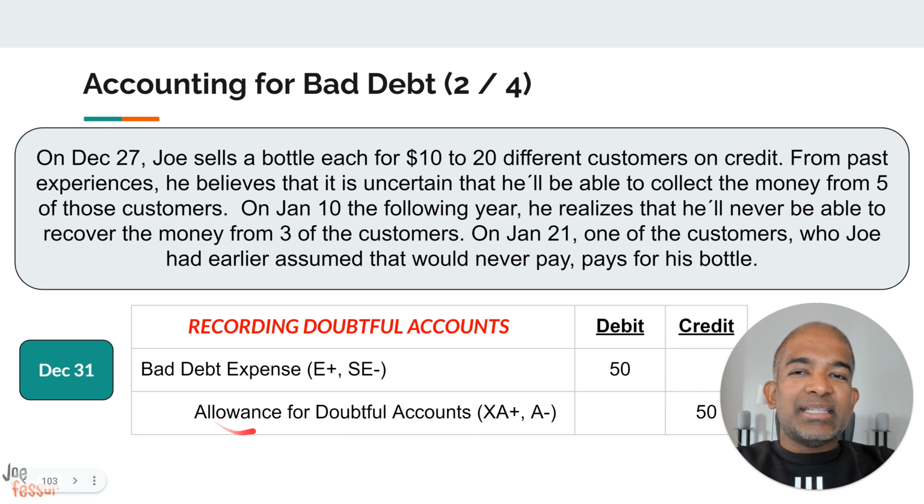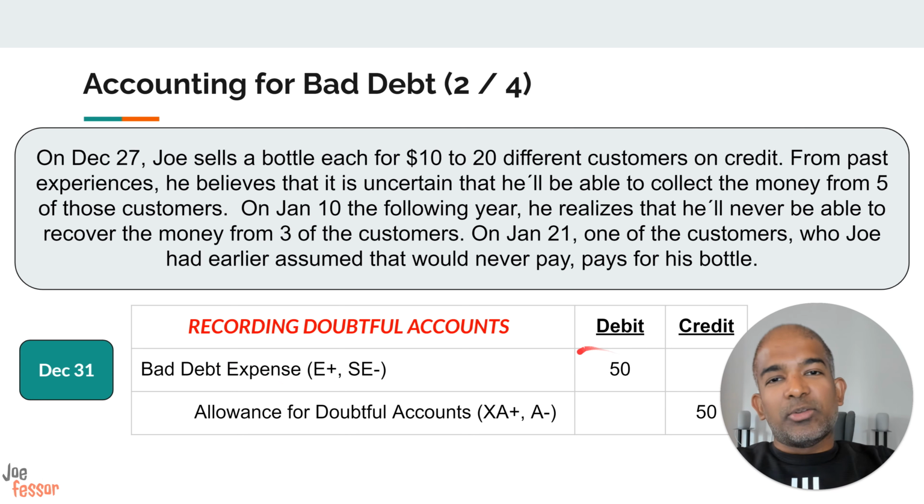So crediting the allowance account takes care of assets. Assets are not overstated anymore. On the other hand, revenues and profits are still overstated. Hence, we debit a bad debt expense account, which is an expense which brings down stockholders' equity. By debiting that account by $50, we don't overstate the profits in the income statement.